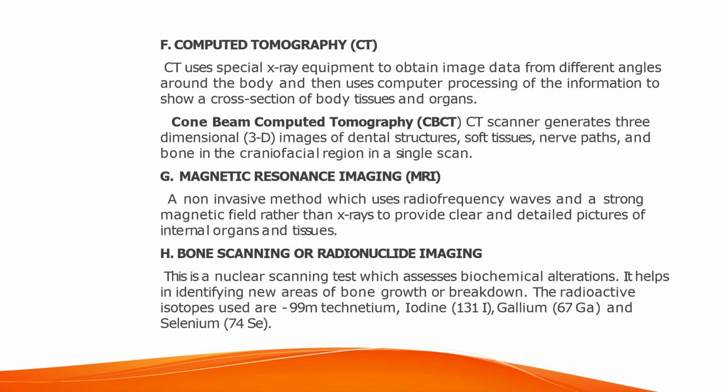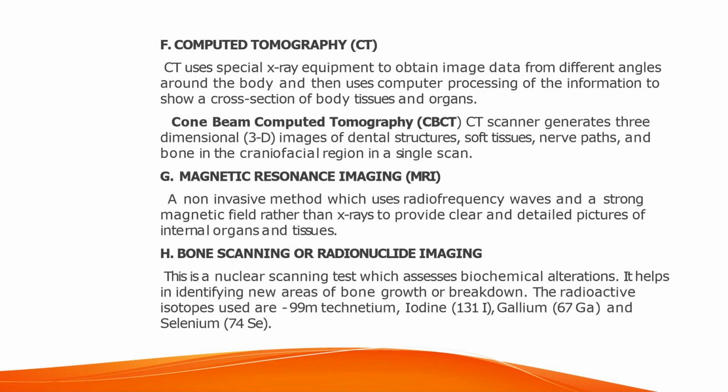Then further we have MRI, which is mainly for soft tissues. Up till now, the discussion was for hard tissues, but MRI is for soft tissues. It is a non-invasive method which uses radio frequency waves, and a strong magnetic field is created rather than X-rays. And further, detailed pictures of internal soft tissues are provided on a scanner.